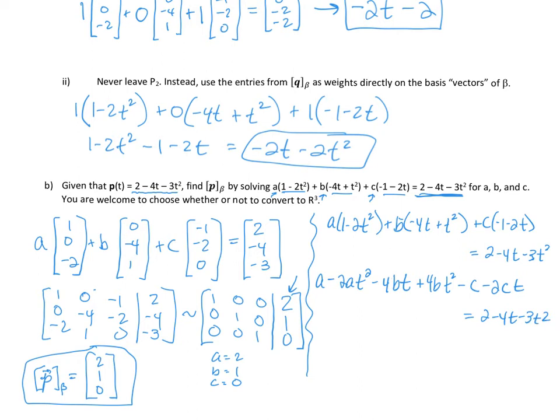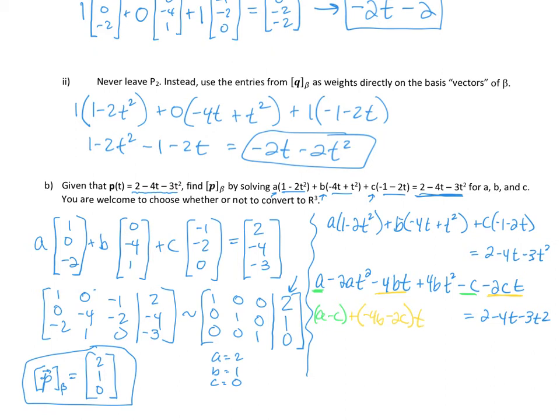Okay, so now I'm going to combine like terms on the left. So my constants, I have an a and a negative c. So I'm going to have a minus c. And then my t terms are negative 4bt and minus 2ct. So I'm going to combine those by adding the coefficients, negative 4b minus 2c all times t.